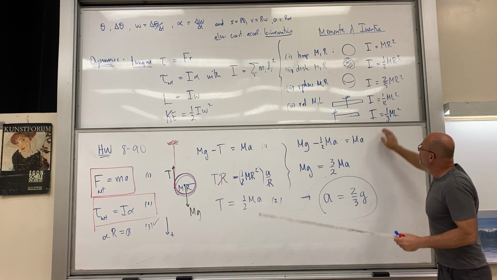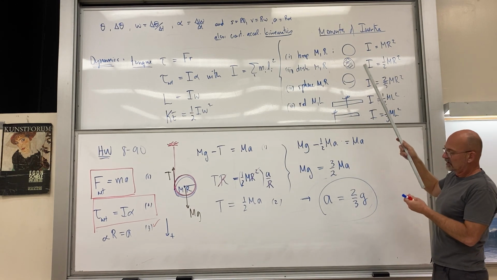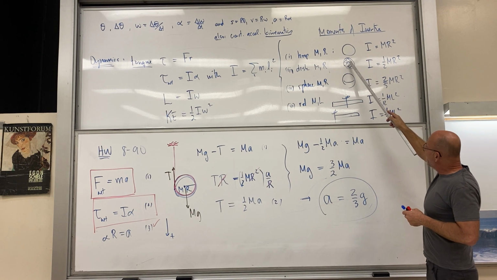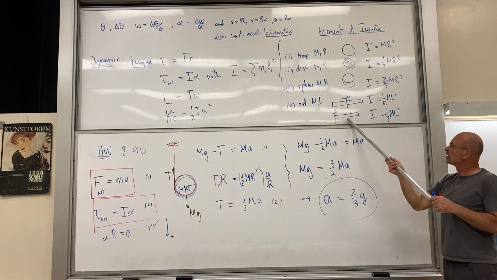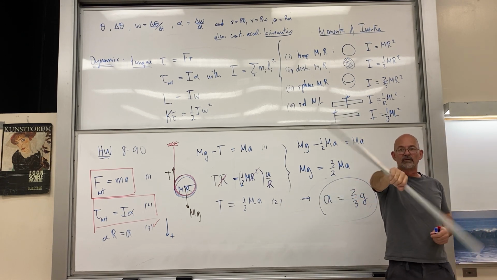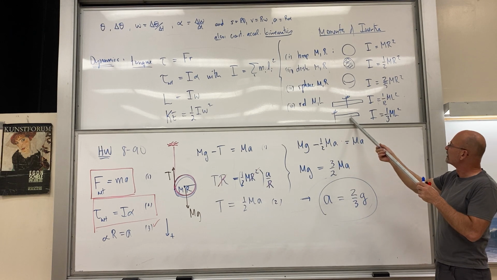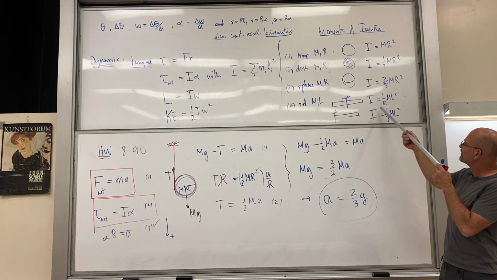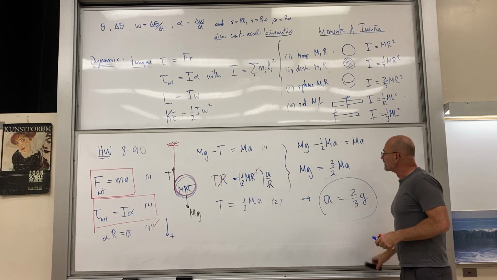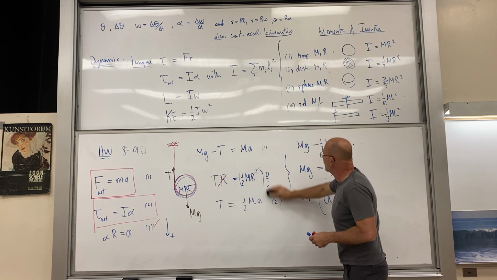Now, all of these moments of inertia are with respect to the center of mass, except for the last one. Okay, this one here, the center of mass is at the center of the ruler. Okay, this last one it's not. So this is actually an example of a theorem called the parallel axis theorem. Go ahead and put that down for us.